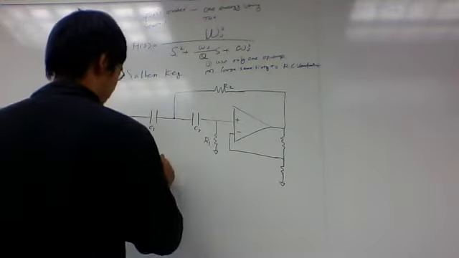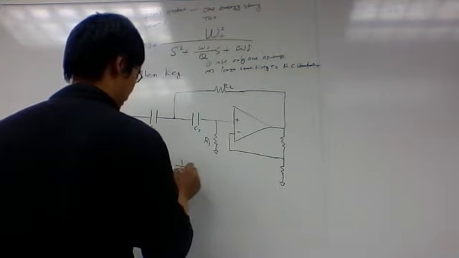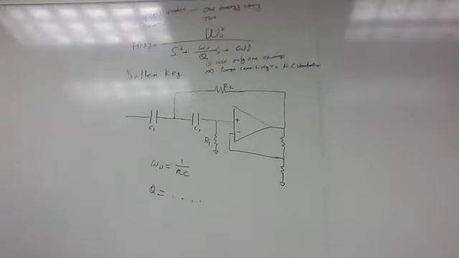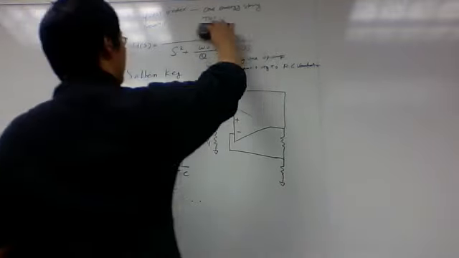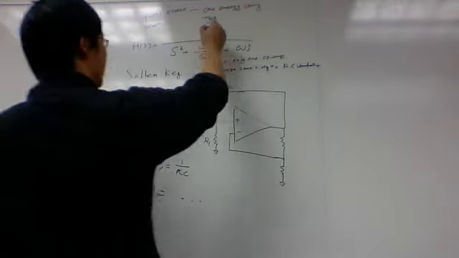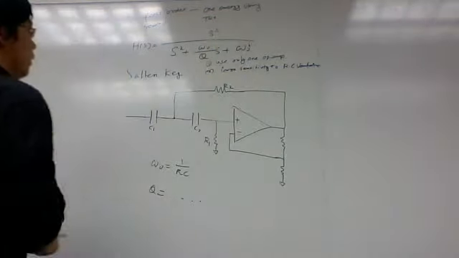It turns out omega 0 is 1 over RC, and the Q definition you can read in the lecture notes. Okay. It turns out it will be similar, and this one is just s squared.